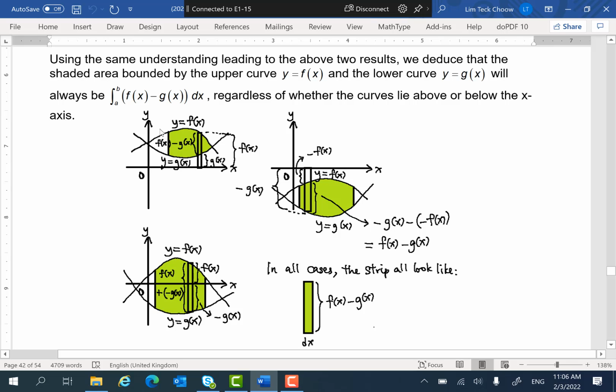Some people who are not aware of this will painstakingly try to find the area on top, then find the area below separately, then add them up. Or sometimes it's more convoluted, maybe the graph is not so plain simple, maybe it's like that.